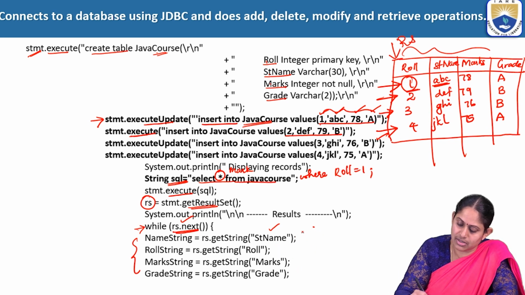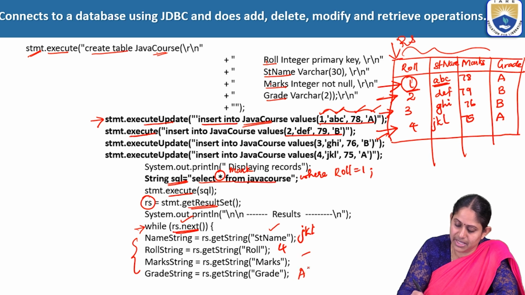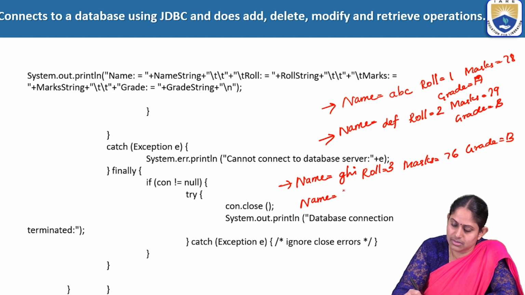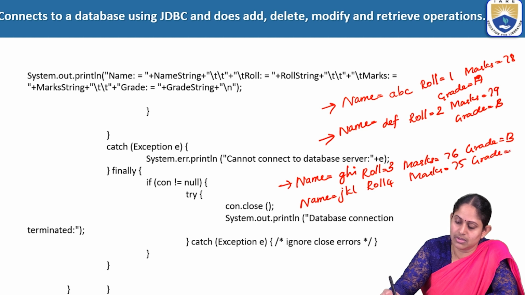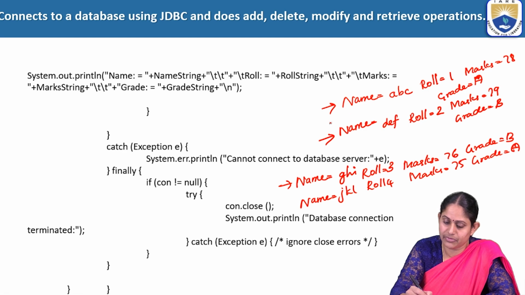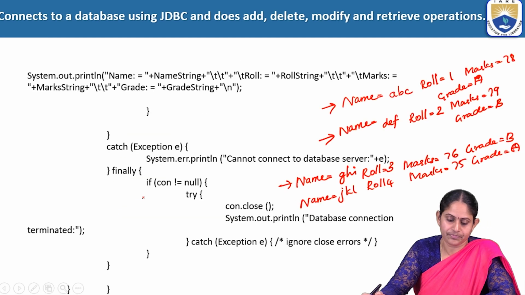So you get JKL for name, roll will be 4, marks will be 75 and grade will be A. So in the output we get name equal to JKL, roll equal to 4, marks equal to 75 and grade equal to A. So we get these 4 statements.